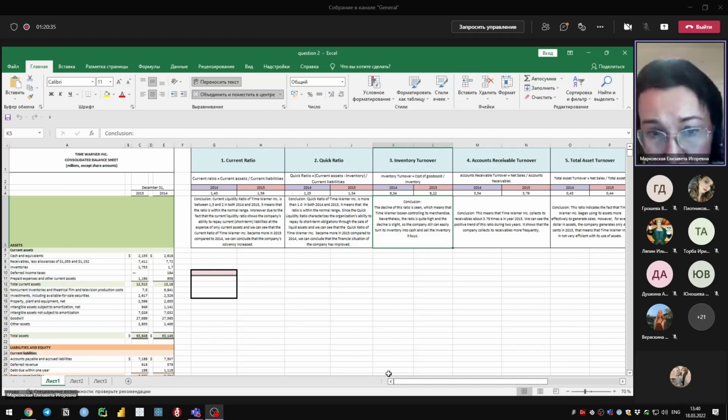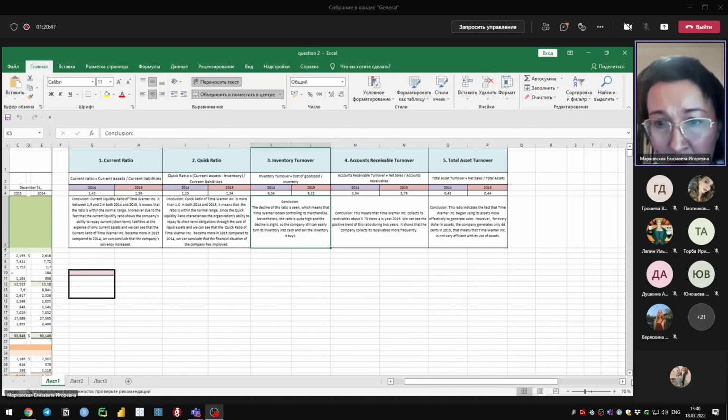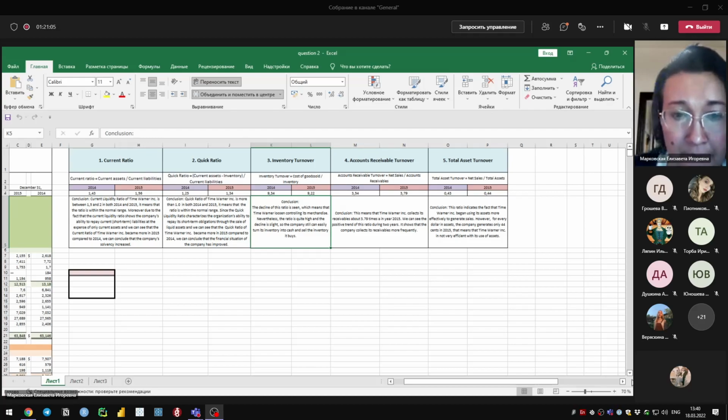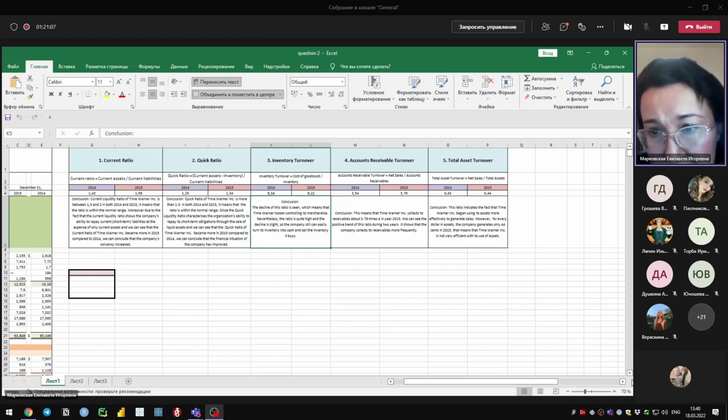And I'd like to tell you that current ratio and quick ratio we can calculate without any problems, but for the calculation of the activity ratios, inventory, account receivables, total assets turnover, according to the methodology, we have to use the average of inventory, account receivables, and total assets.